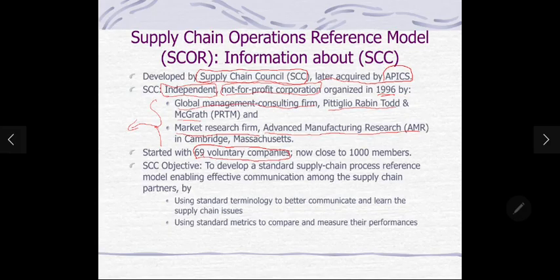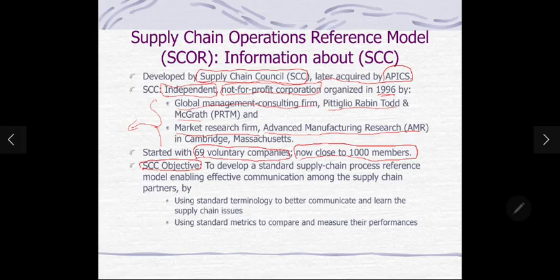Nowadays, at the time of preparing this presentation, the SCOR had about 1,000 members. So what was the objective, once again, of the Supply Chain Council?